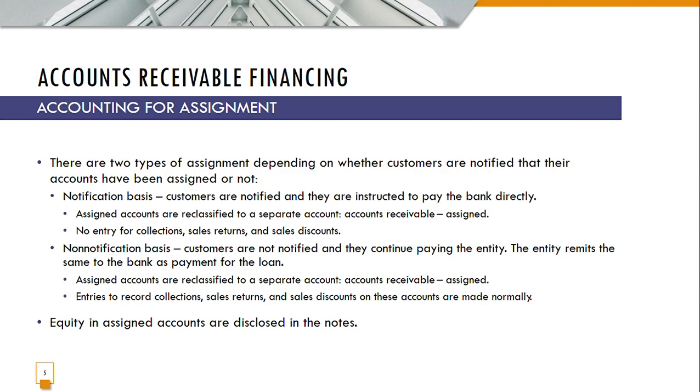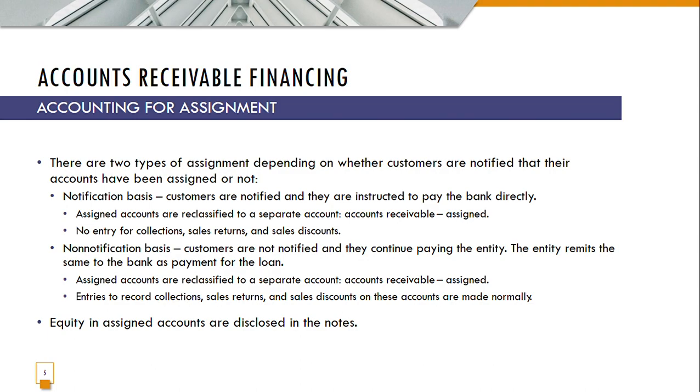In this form, the entity remits any collection to the bank as payment for the loan. Similar to the assignment on notification basis, you have to reclassify accounts receivable to a separate account called accounts receivable assigned.